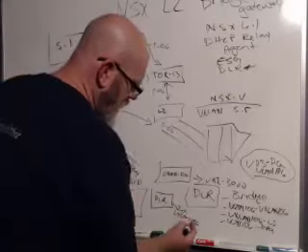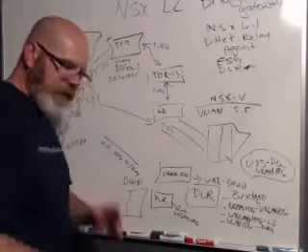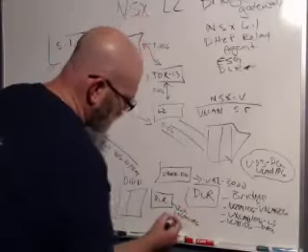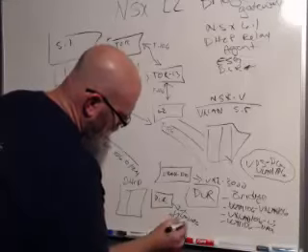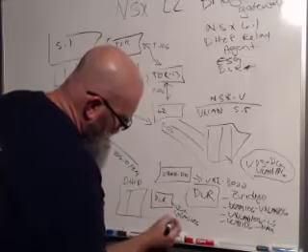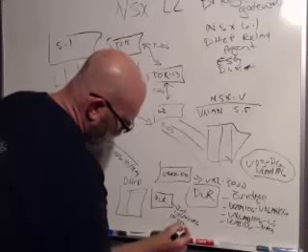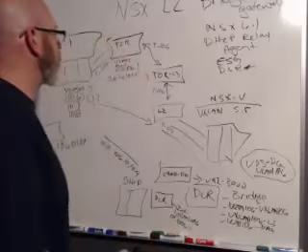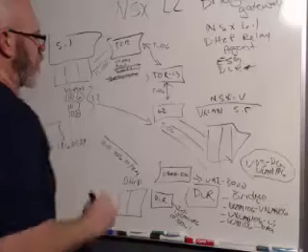But the goal of this is to assign this interface as the gateway of 106.1 and remove this, taking this out of the equation.